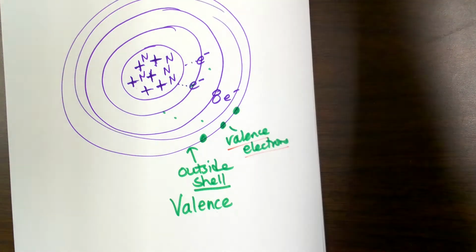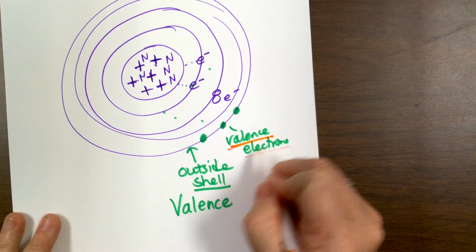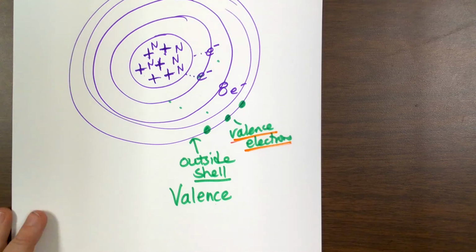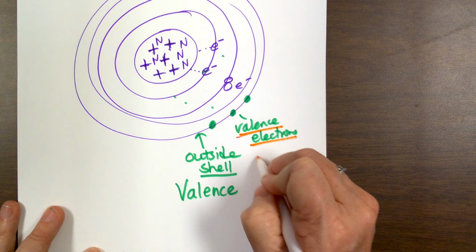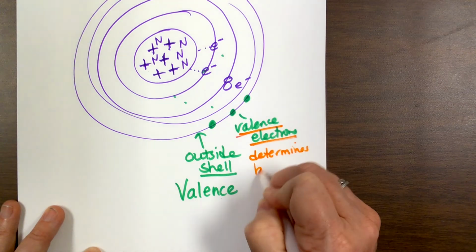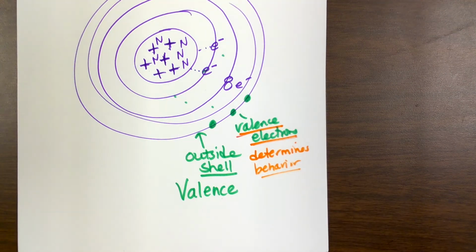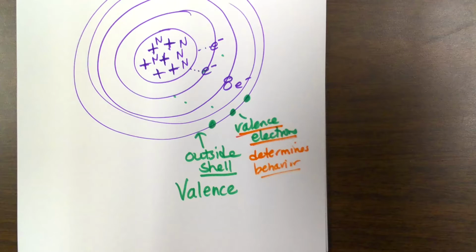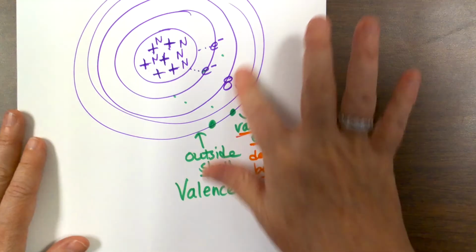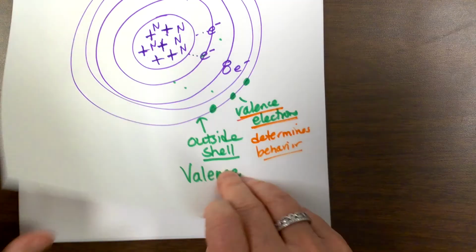So the ones on the valence also determine what group your element is in. Okay, so this determines behavior. Now, the reason we want to discuss this is because we want to talk about bonding.